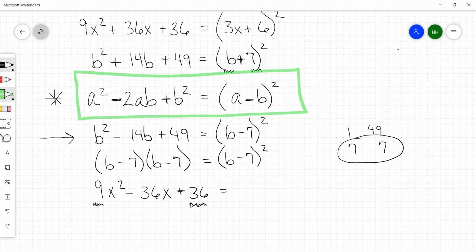All right, so I go 3x minus 6 squared. See the difference in the two? Plus plus gives me a plus here. Minus plus gives me a minus in the factor.